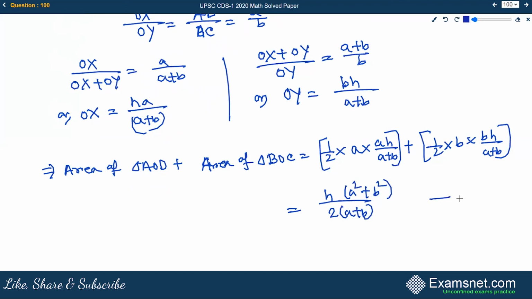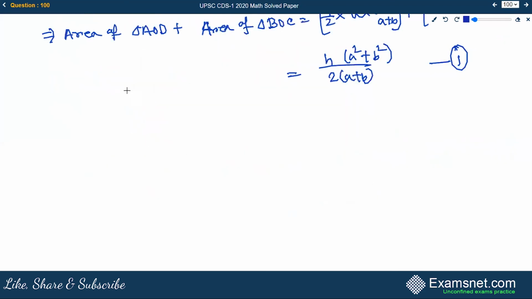Okay, so let's name it equation number 1. Here area of AOD plus area of BOC.